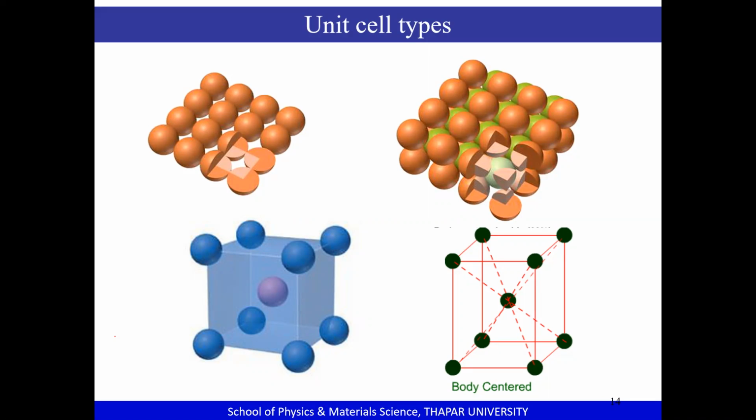You have to remember that generally the type of atom which sits at the corner and the type of atom which sits at the center may be different, and that is why in the top rightmost image the corner atoms are shown in a brown color, while the central atom is shown as a green color atom. So they belong to two different atom types.